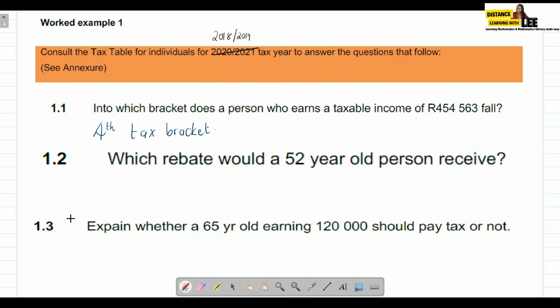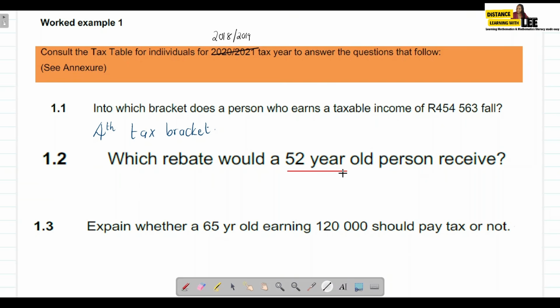Okay, question 1.2, which rebate would a 52-year-old person receive? So now we're going back to our rebate. We already know that a rebate is a relief or a refund that a person gets, depending on their age. And we are told that it is a 52-year-old person, so we need to determine, do they fall within the primary rebate?